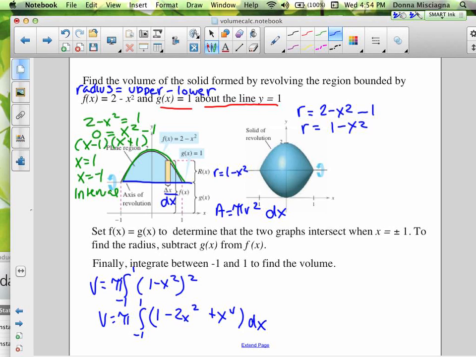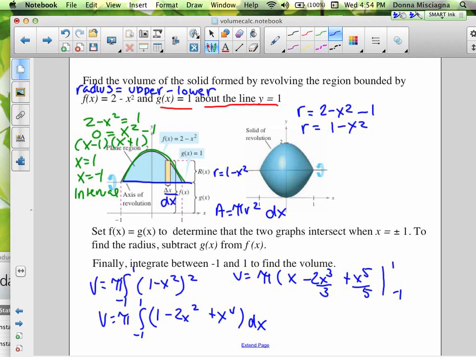Now we're just going to integrate that. So our volume is going to be pi times x minus 2x cubed divided by 3 plus x to the 5th divided by 5, and we're integrating that from negative 1 to 1.